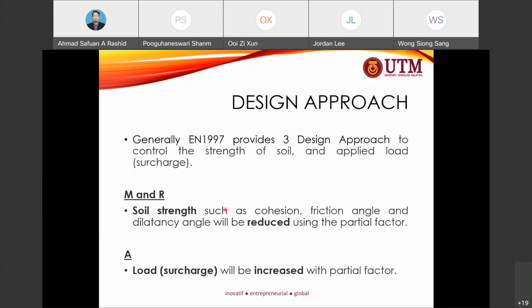It generally provides a design approach to control the strength of the soil and applied load. M and R: soil strength such as cohesion, friction angle and density will be reduced using the partial factor. A: load and surcharge will be increased with the partial factor.